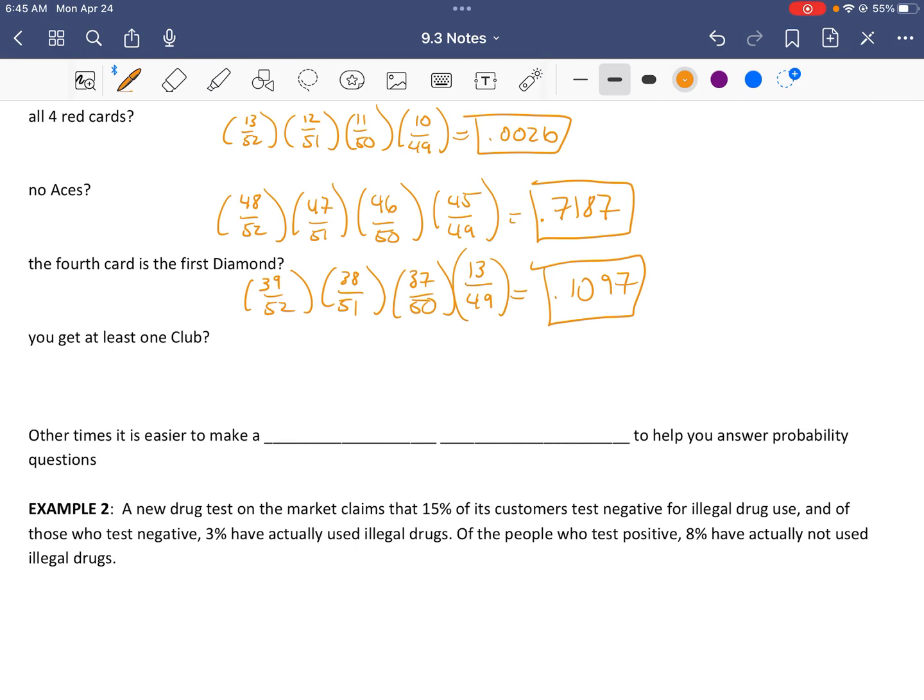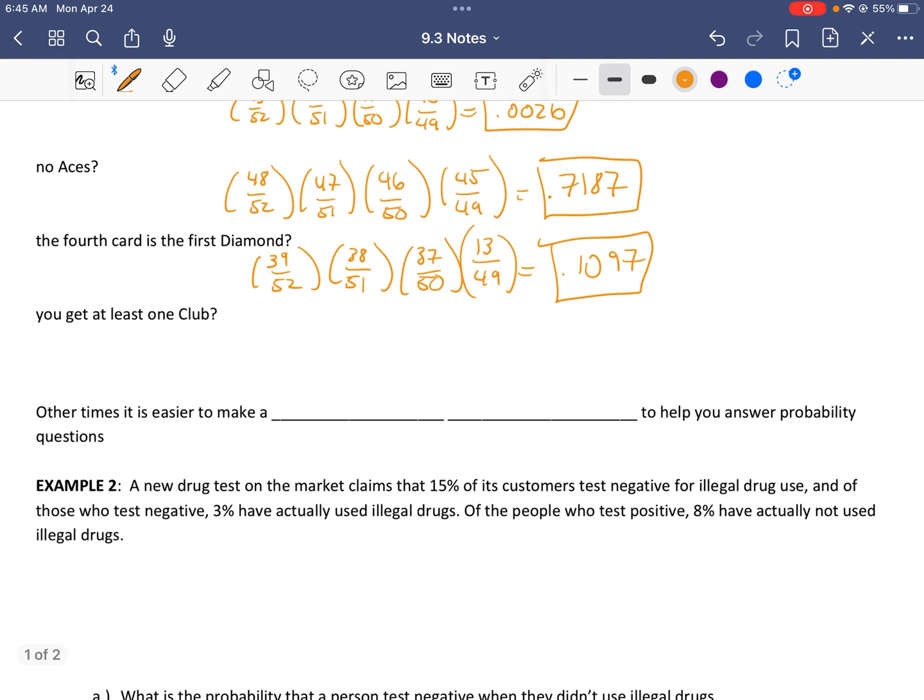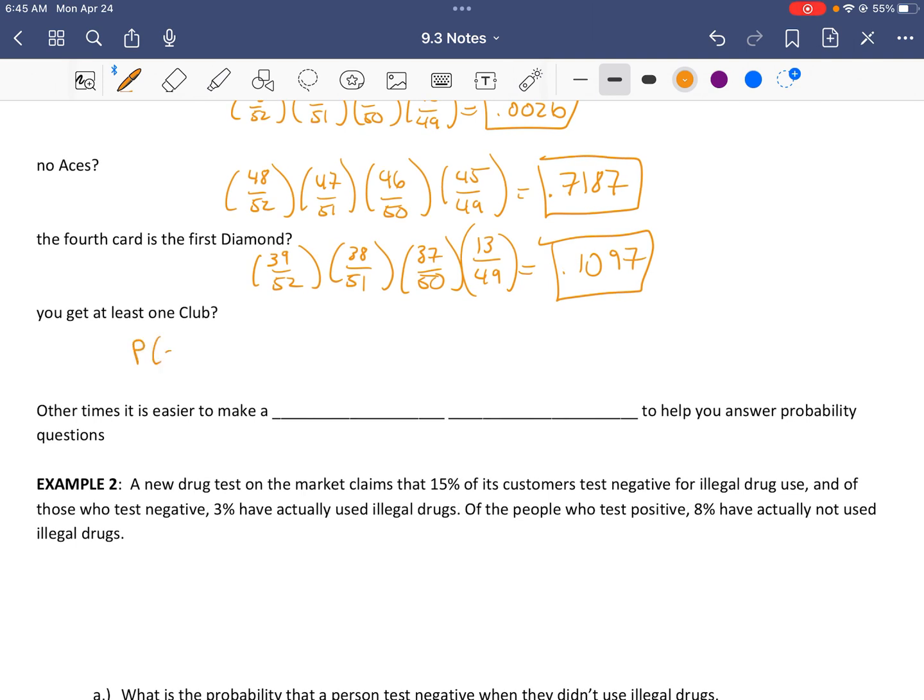So the complement of at least 1 club is the opposite. If I find the complement, I can say the probability of at least 1 club is equal to 1 minus the opposite, which is the probability of no clubs.